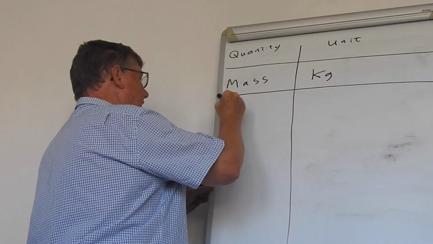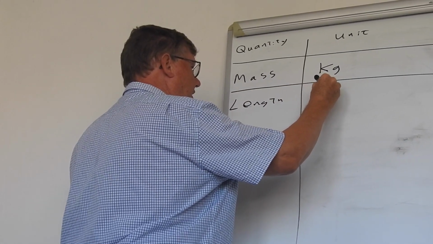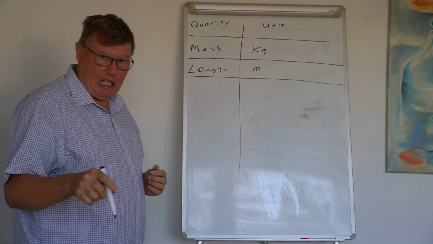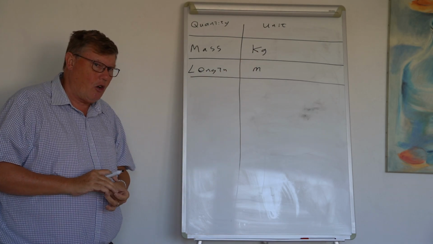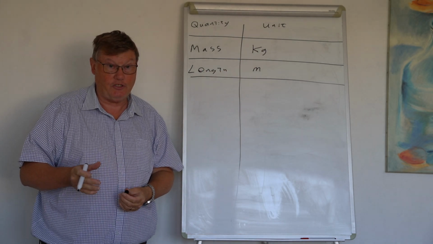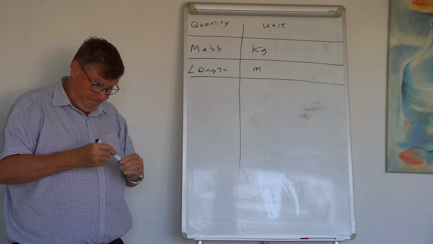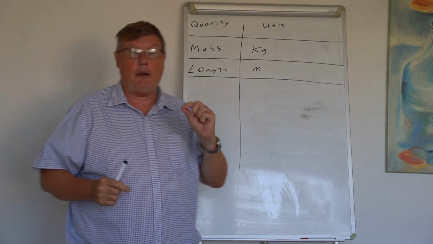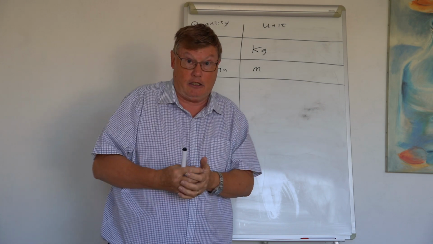The next one we've done is length. And its unit is the meter. Now, I know what a lot of you are going to be saying. You're going to be saying, hang on. Why is it kilogram and not gram? Well, that's a very good question. Because it is. It just is, okay? I think because they decided, these guys 200 years ago, they decided that a gram was really too small to be a base unit, and they wanted it to be the kilogram.